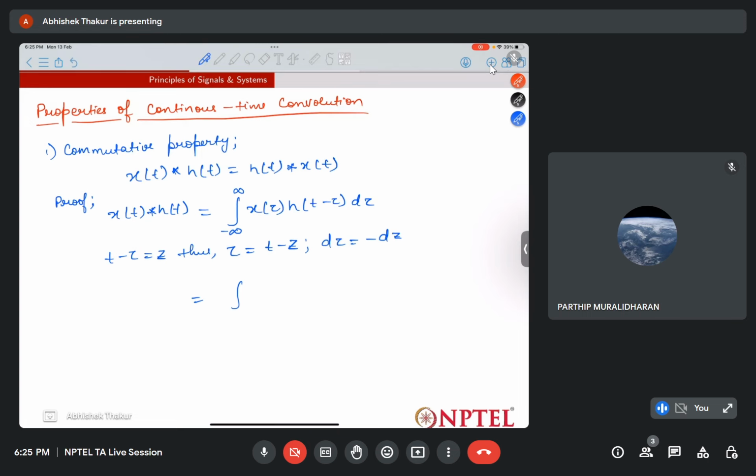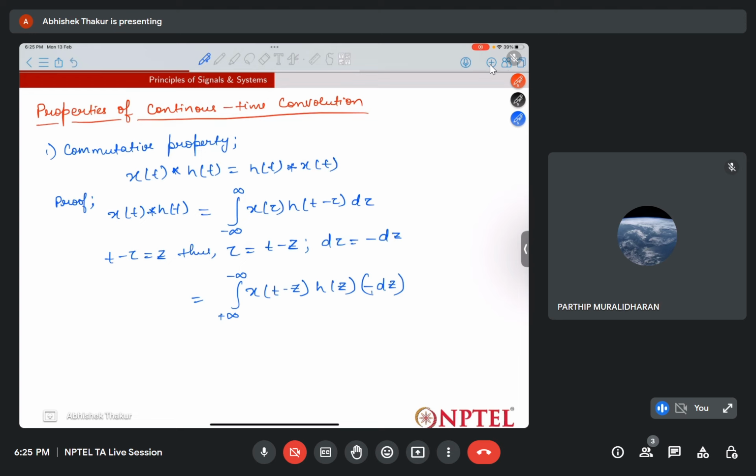So when tau is minus infinity, z will be t minus minus infinity, that is t plus infinity, so it will be plus infinity, and the other limit becomes minus infinity. And tau is equal to t minus z, h(t minus tau) is equal to h(z), and d tau is minus d z.